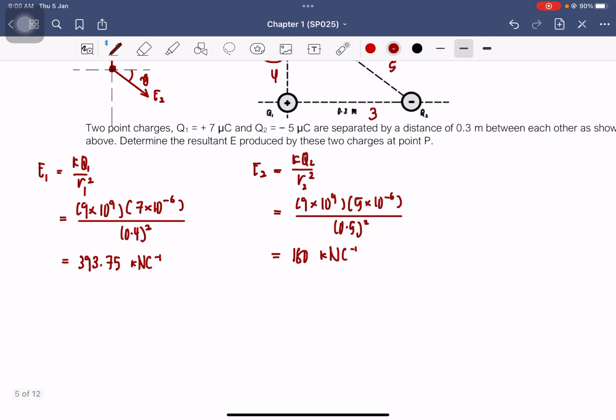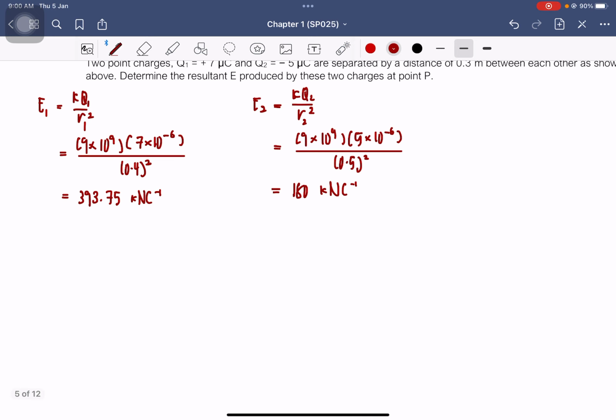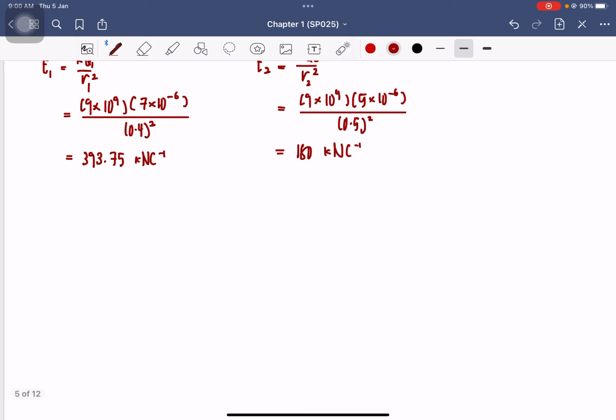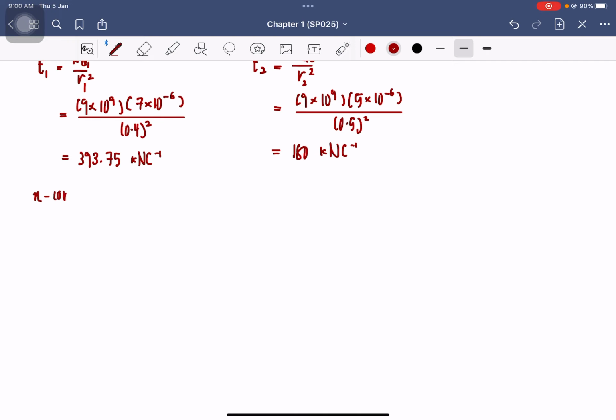Alright, after finding the magnitude for each charge, we can then solve for the x and y components. For the x component, you can either do this using a table, but I'm just going to do it directly.